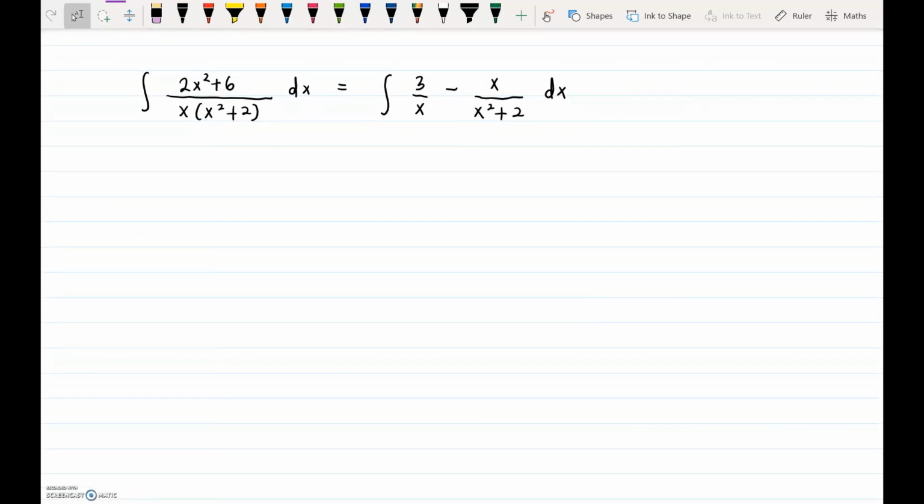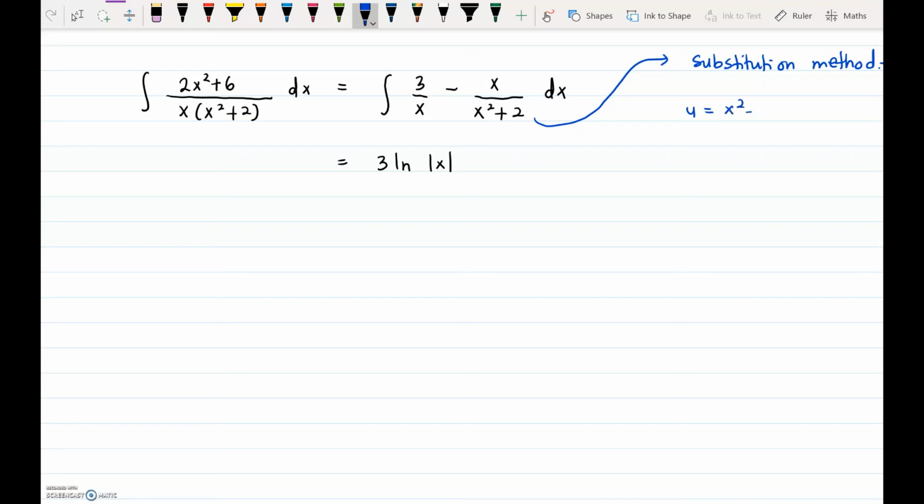The integration of 3 over x will be 3 ln x. What about the integration of x over x squared plus 2? We need to use the substitution method. Let u equals x squared plus 2, then differentiate, du/dx is 2x, and write dx as the subject: dx equals du divided by 2x.